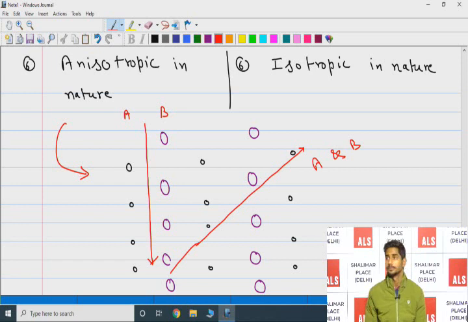Are you clear with this one? Is there anyone who is having any doubt? Okay, good. Please copy it. What's your doubt, Tamanlong? Okay. First of all, copy it.